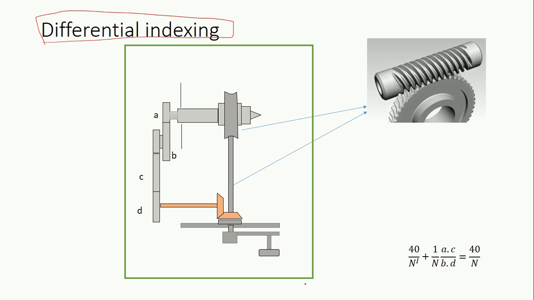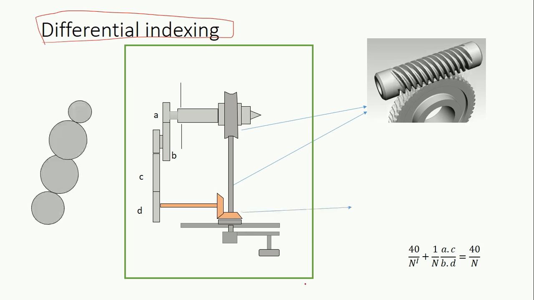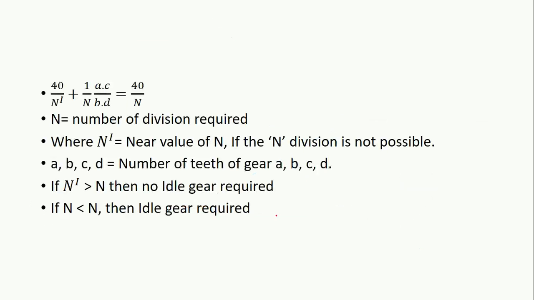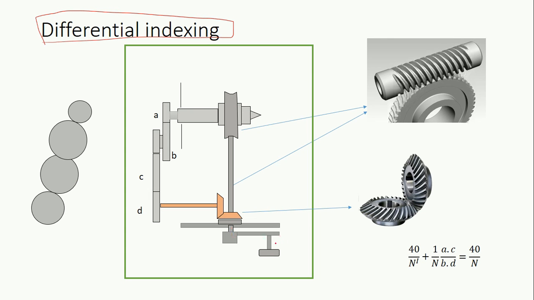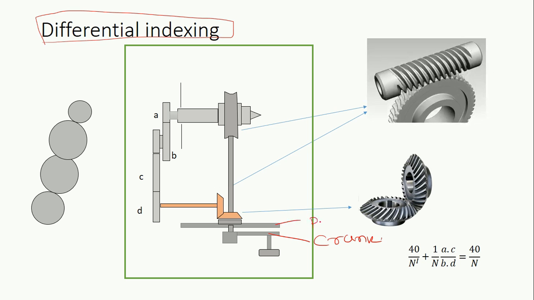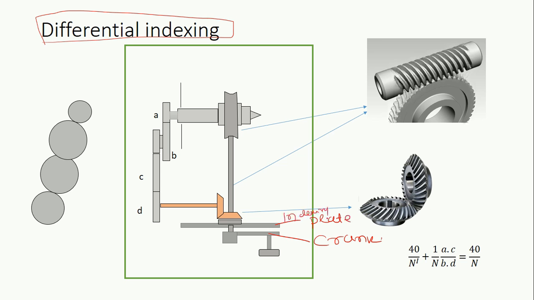Here first of all, I will show you all the things. So these are the index crank. This is the indexing plate. Here we can find that these two are connected with the bevel gear.